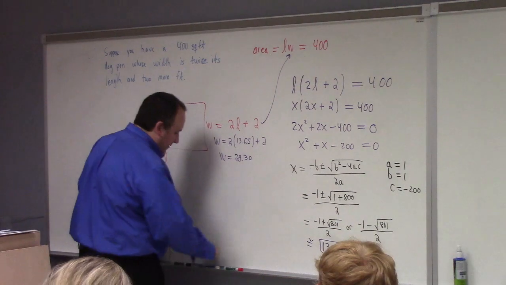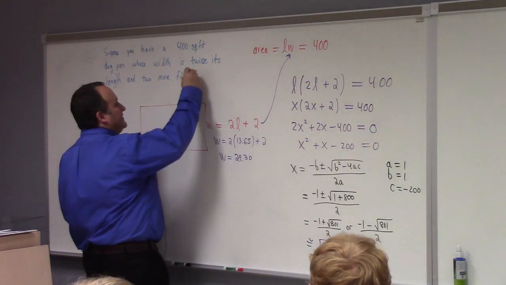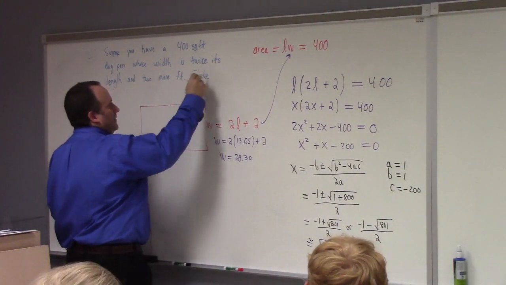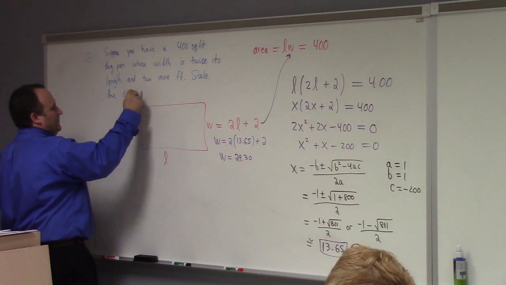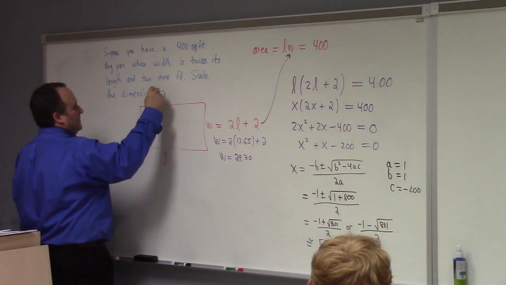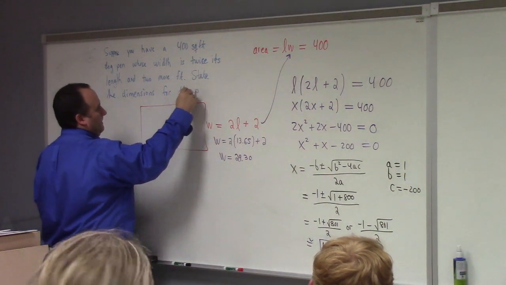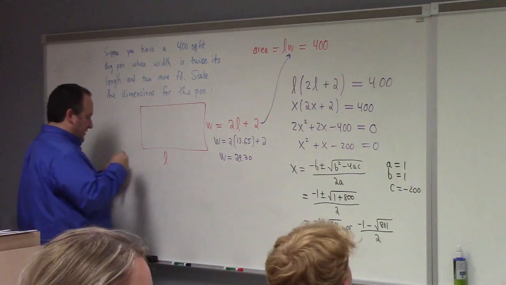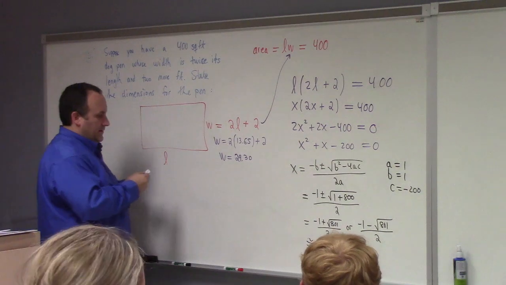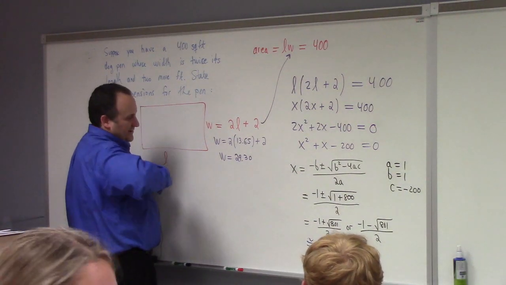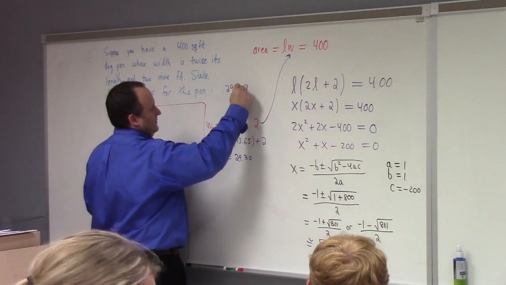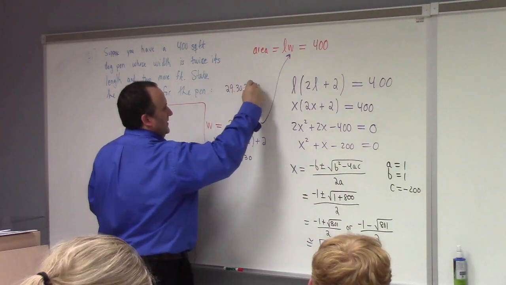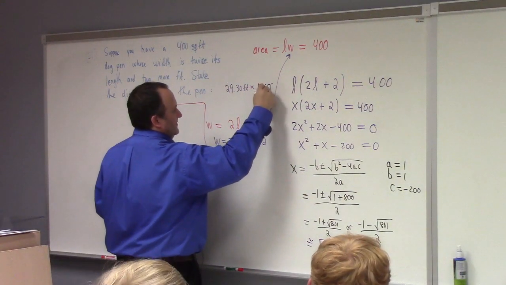So now that we've done all this work, can we state the dimensions? What are dimensions? Right, the sides. So the answer is 29.30 feet by 13.65 feet.